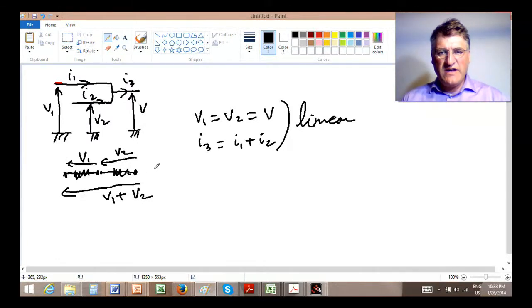Alright, and by the way, I1 is equal to I2 is equal to I. The same intensity everywhere.